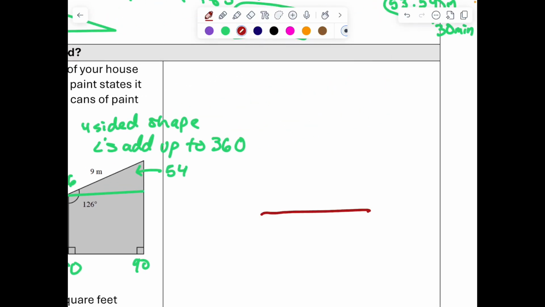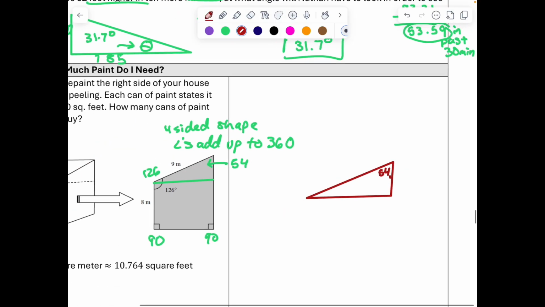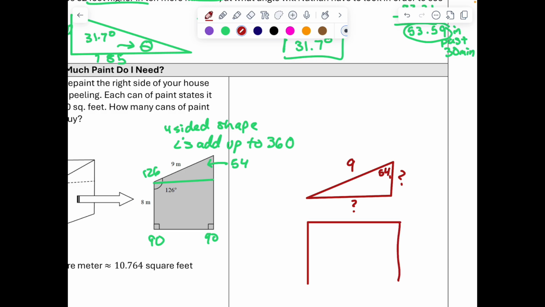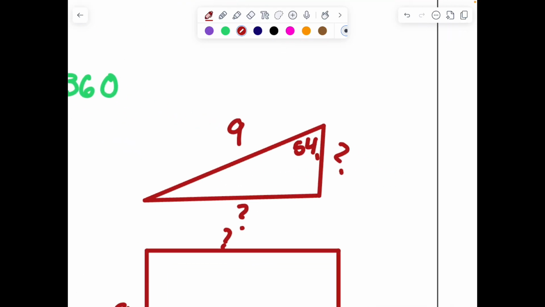So let's go ahead and draw out these two shapes separately. So 54, we know this is 9, we don't know this or this, and then the rectangle below it, we know this is 8, and we don't know what that other side is.